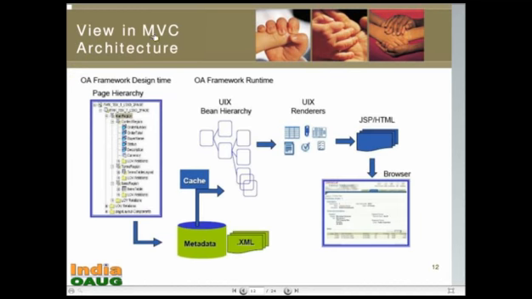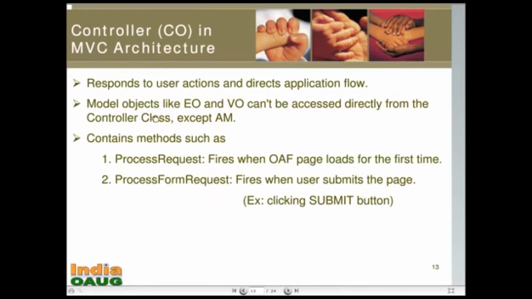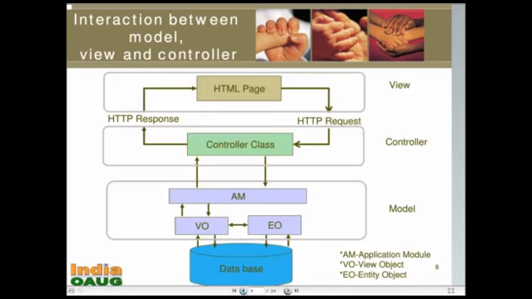Then this is the view of your MVC architecture. This anyway we'll see while working with the page. And about the controller, it responds to your user actions and directs the application flow. Model objects like entity object and view object cannot be accessed directly from the controller except the AM. So whenever we work with the controller, what can you access directly? The AM.